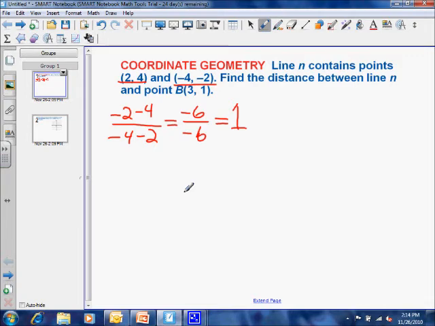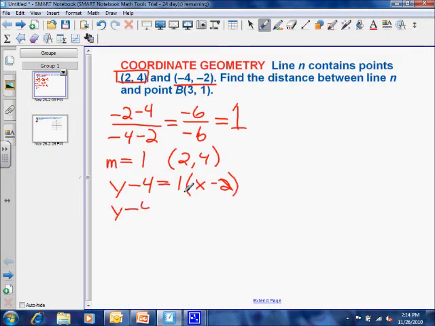I'm going to pick the first point given as the point that I'll use to find the equation of the line. So given a slope equal to 1 and a point 2, 4, we will now plug it into point-slope form. So we'll have y minus 4 is equal to 1 quantity x minus 2. Distributing here and solving, we have y minus 4 is equal to x minus 2.